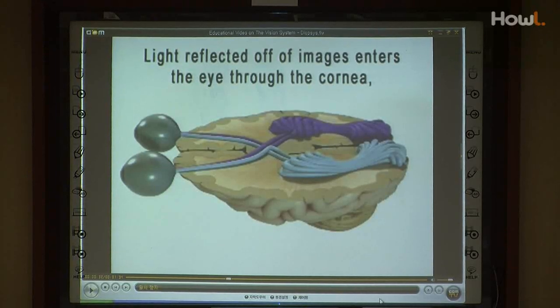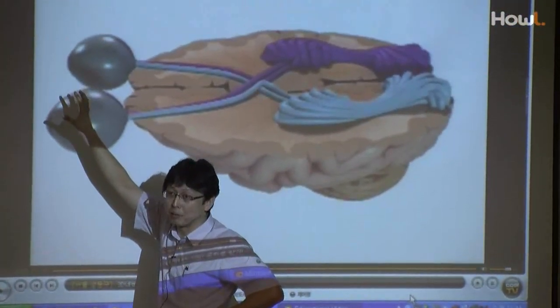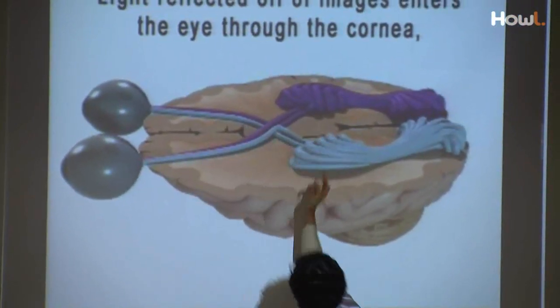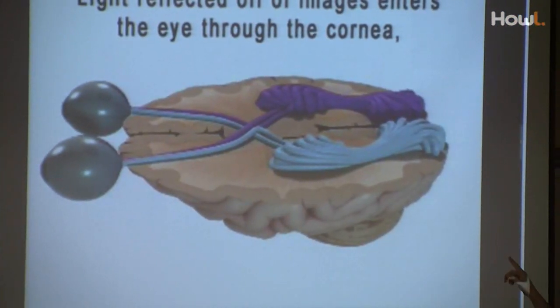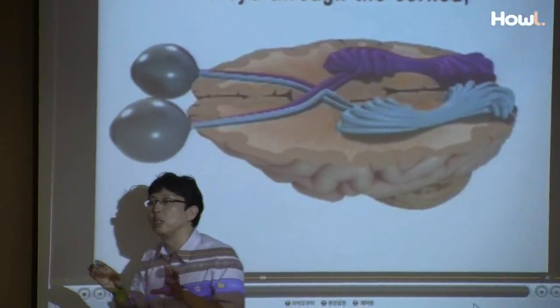The interesting part of this brain, which I will explain later on, is that we have two eyes. Because of the two eyes, we can have 3D perception. The purple color and the gray-bluish color are different parts of our visual nerve.